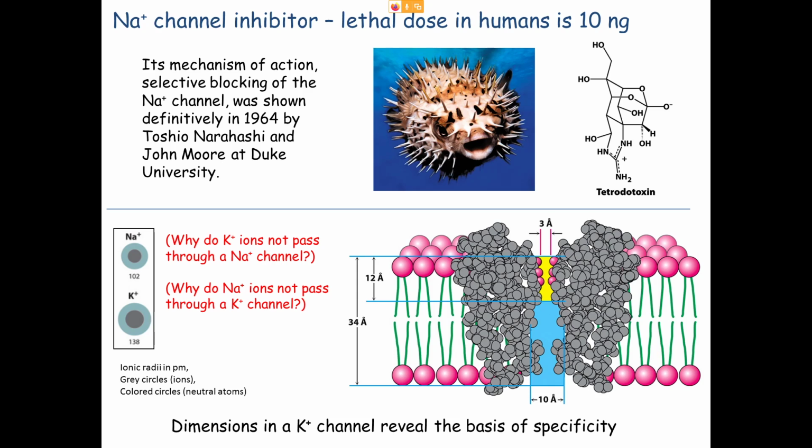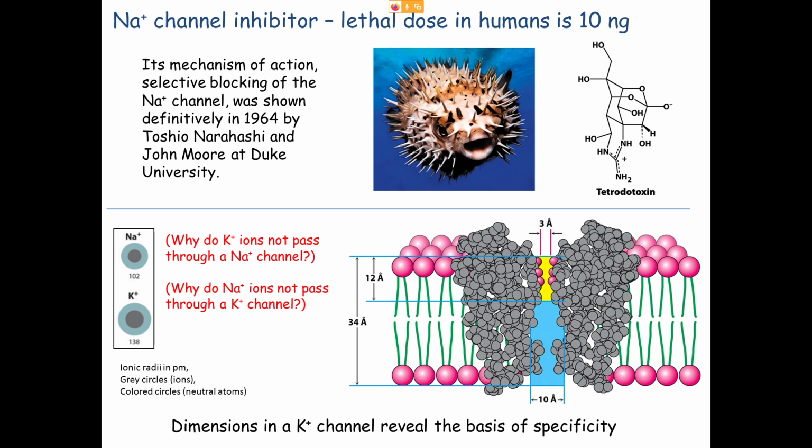So this channel only needs to be as narrow as any one point to select for what goes through it, much like the ships that go through the canal. If a ship is bigger than the narrowest point of the passage, it can't go through. The same thing here. If an ion is wider than the narrowest point, it can't go through. And that's how potassium can't go through sodium channels.